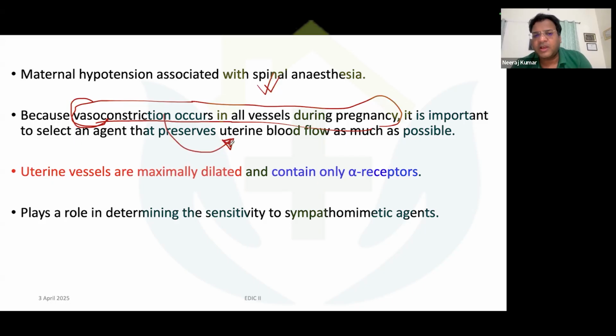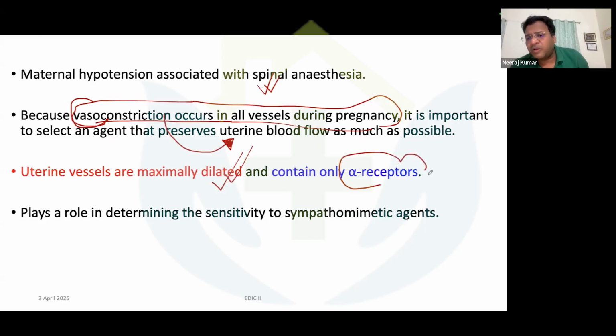You have to opt for an agent which has the property of dilating the blood vessels, not further constricting them, because further constriction will further impede the uterine blood flow. That's why we will opt for a drug which has maximal dilatation capability of the uterine vessels. How will it be done?